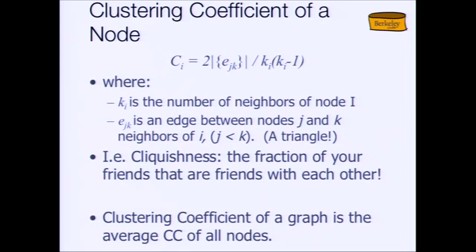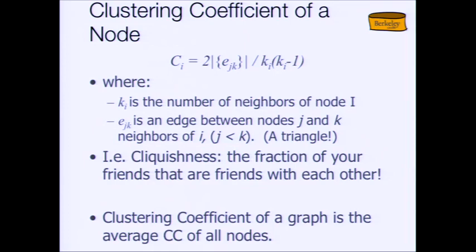So here's the definition of a clustering coefficient. It's 2 times the size of E sub jk over k_i times (k_i minus 1). What is this? k_i is the number of neighbors of node i, the 1-hop neighbors of node i. E_jk is an edge between 2 of i's neighbors. So if Bob is i, this edge between Alice and Fred would be an E_jk.